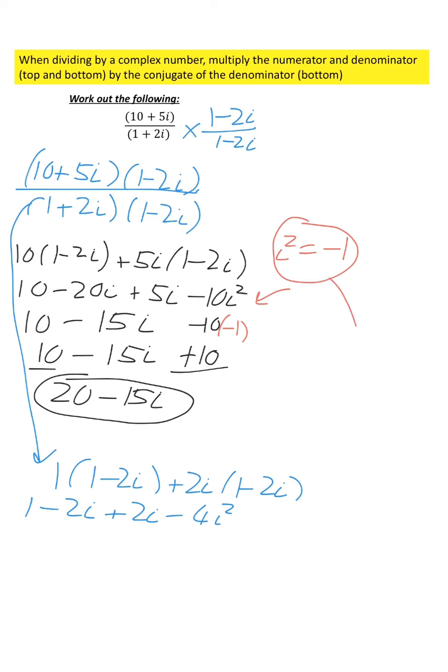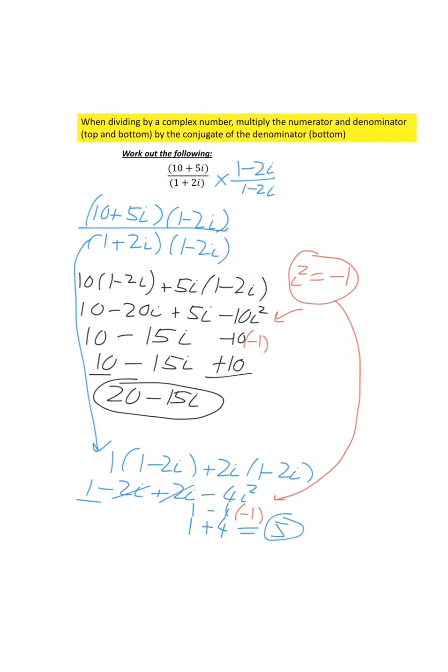And then remember, i squared is equal to minus 1. So get rid of the i squared, put in minus 1. The minus 2i and the plus 2i will cancel. So I still have the 1. So then I'm going to have 1 and then minus 4 times minus 1 will be plus 4. So that is equal to 5. And that now is my denominator.